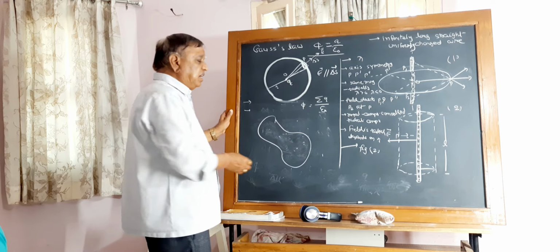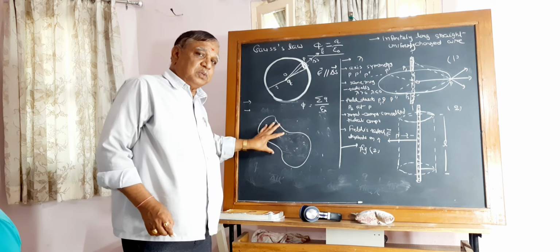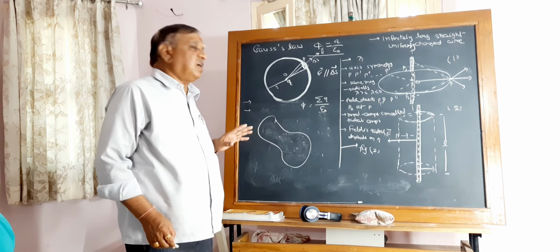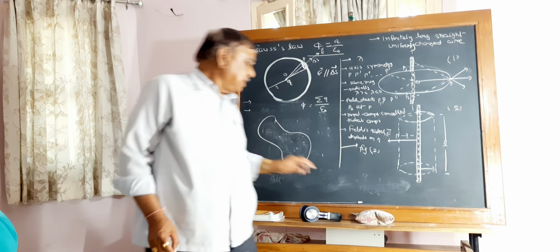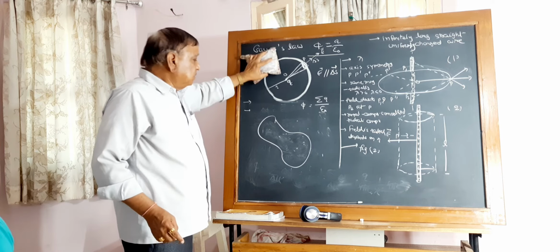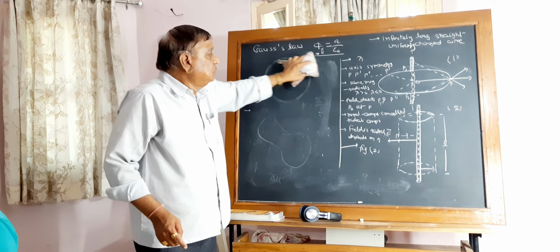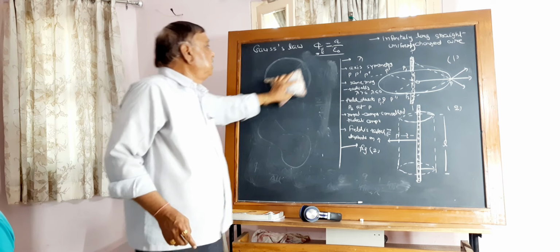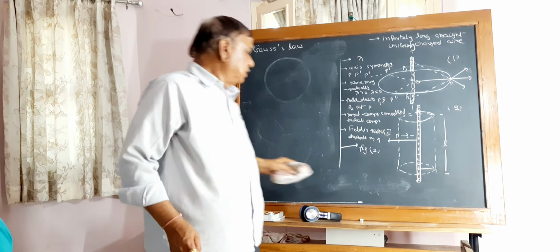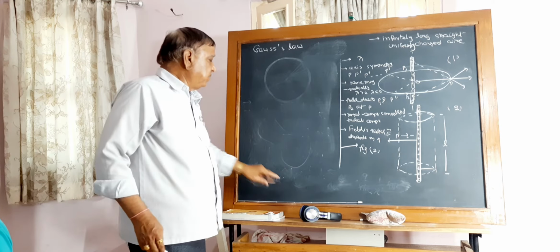But the field produced at a given point is due to both the charges, inside and outside. And last, to apply Gauss law, there must be symmetry, and it is useful to find the field in the case of symmetry. So it is very useful to find the field in some cases.